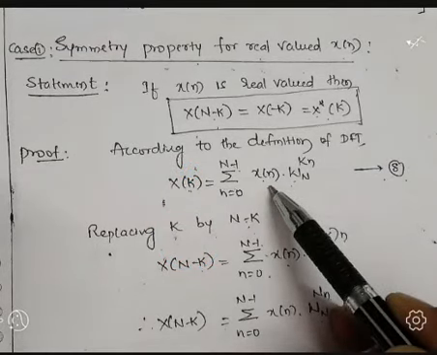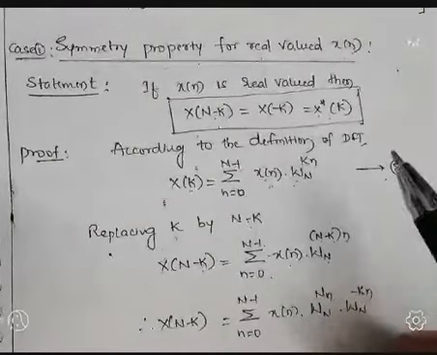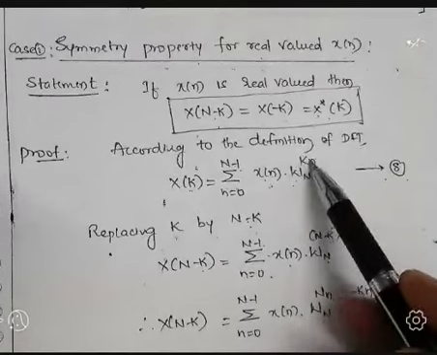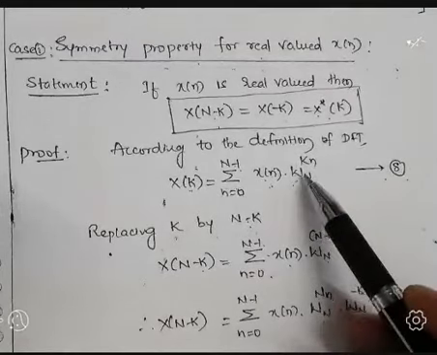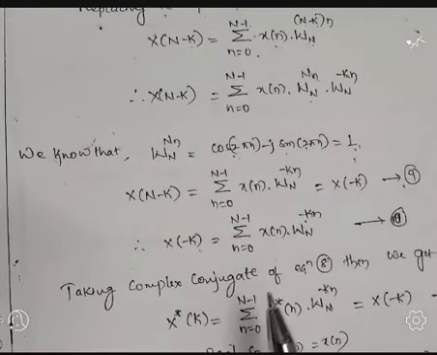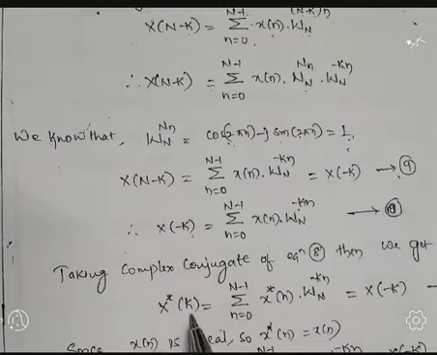Hence x of n multiplied by it is what? Complex quantity. Taking the complex conjugate means changing the sign of the imaginary value. Here imaginary value is what? Power term is there. So changing sign means it becomes W_N to the power minus kn here. See here. Taking the complex conjugate of equation 8, we are getting complex conjugate of X of k equal to the same thing.